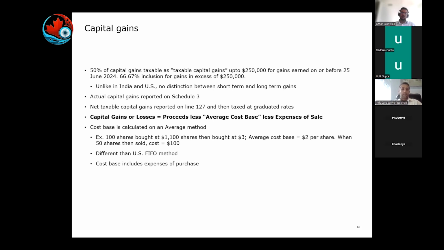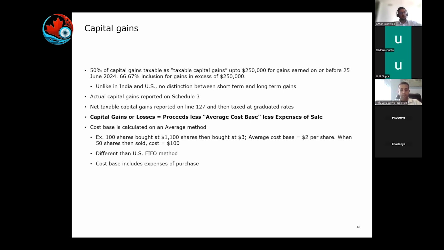So if you're planning to sell any investments after 25th of June 2024, and if the gains are going to be more than $250,000 for an individual, you would be subject to two-thirds inclusion, which means you would be subject to higher capital gains tax than for any gains that you sold before 25th of June.